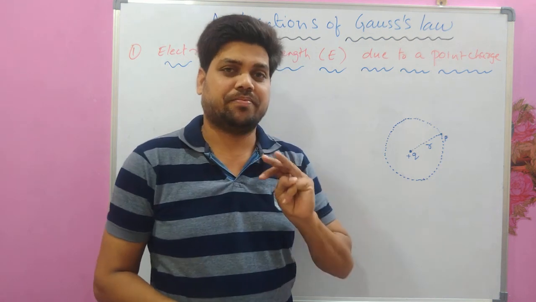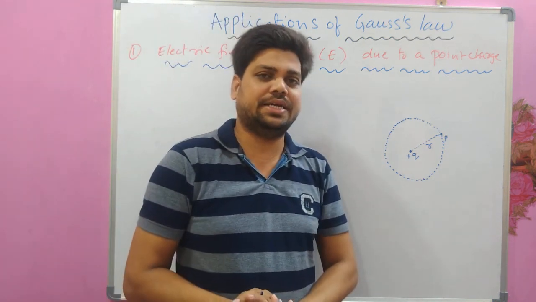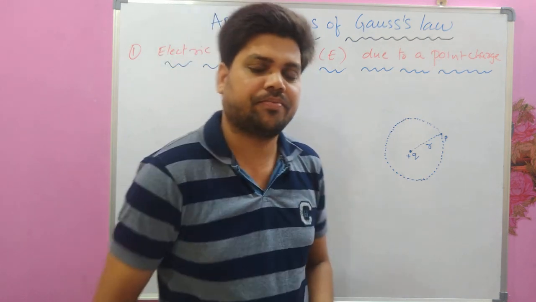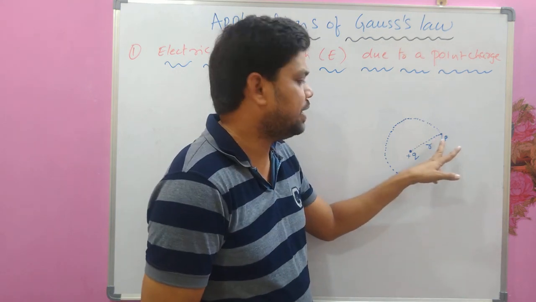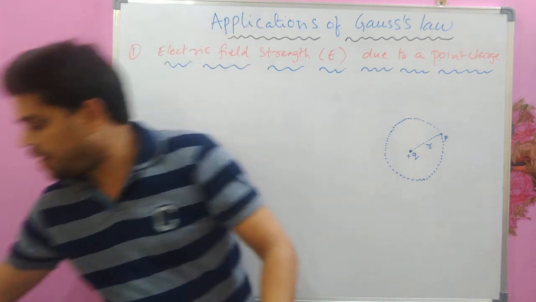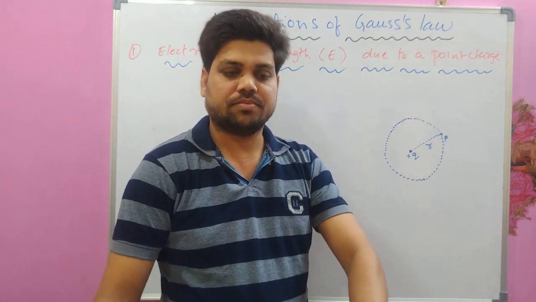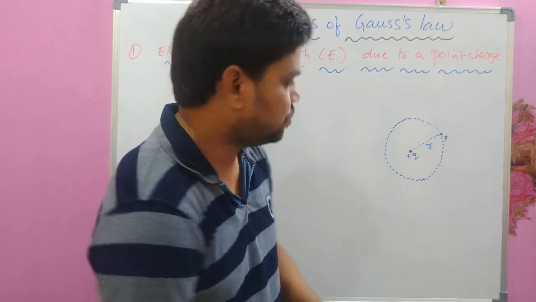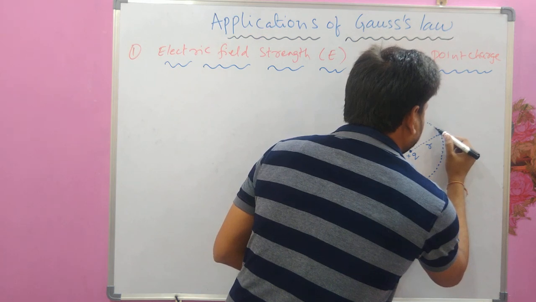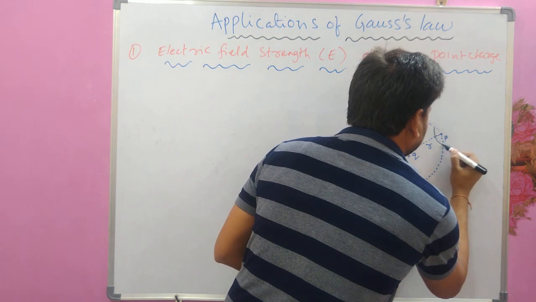What is the third step? The third step is choose a small area element ds. Choose a small area element ds at that point P on the Gaussian surface. Right? So at the point P, I am choosing one small area element ds.